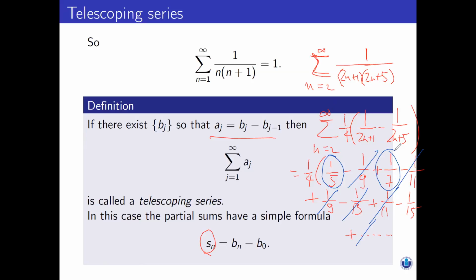And finally, the sum of the series is 1 over 4 times (1 over 5 plus 1 over 7), that is 12 over 35. Yes, so this is the final answer. Very good.